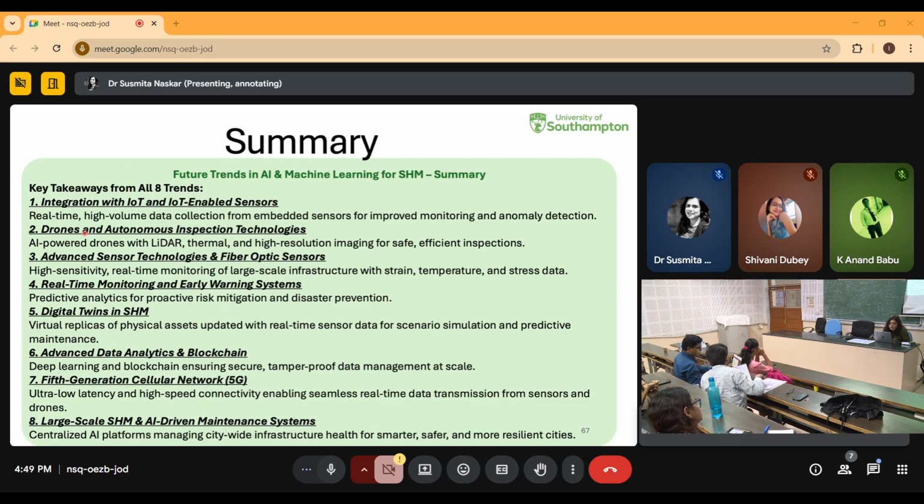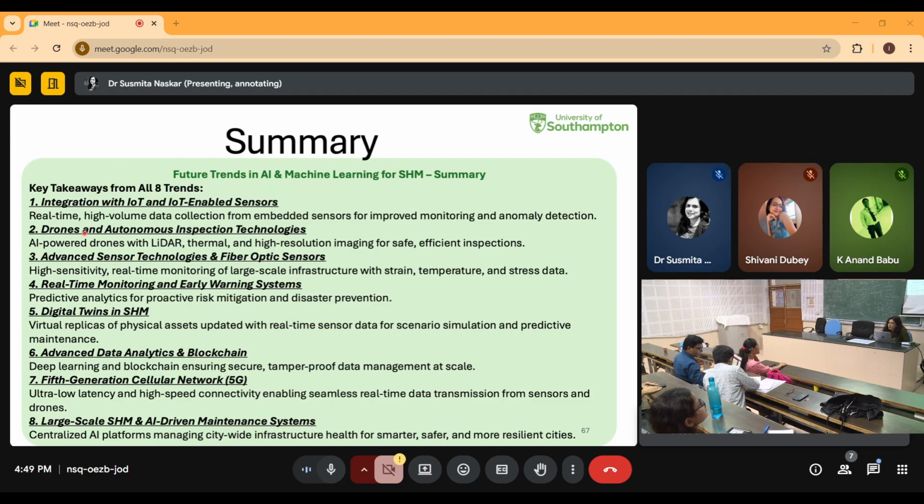Then comes the 5th generation cellular network, the 5G network, which gives ultra-low latency and very high-speed connectivity, enabling seamless real-time data transmission from sensors to drones. And the last one is large-scale SHM, or the AI-driven maintenance system, a centralized AI platform that helps manage city-wide, or in some ways country-wide, infrastructure health, for smarter, safer and more resilient systems.